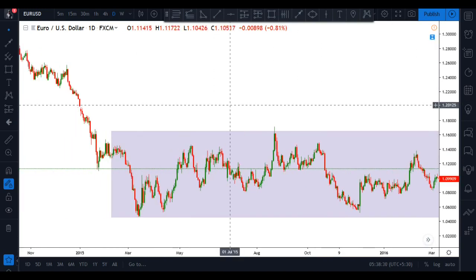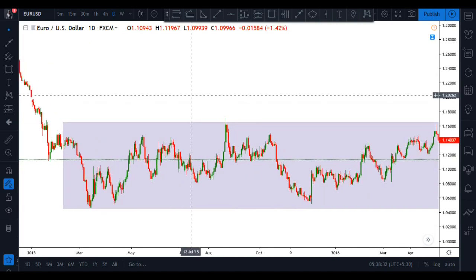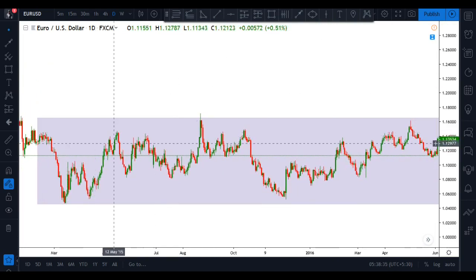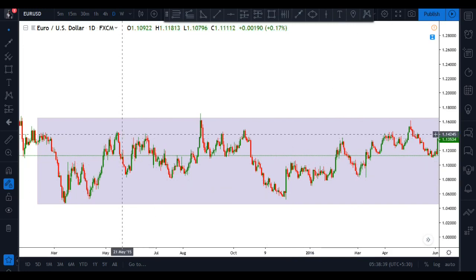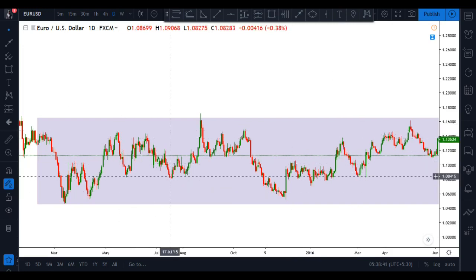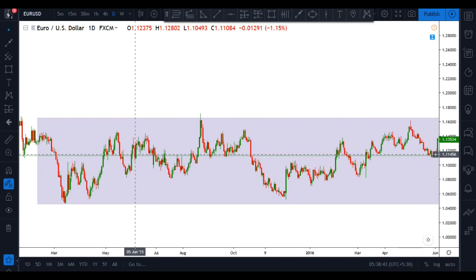Most traders think that these areas are not for trading, that we cannot make money trading in these zones, and we cannot predict the market inside these zones, but that is completely wrong.